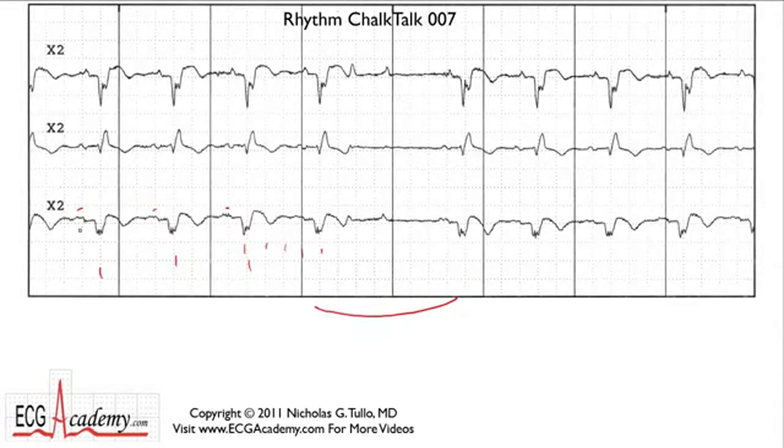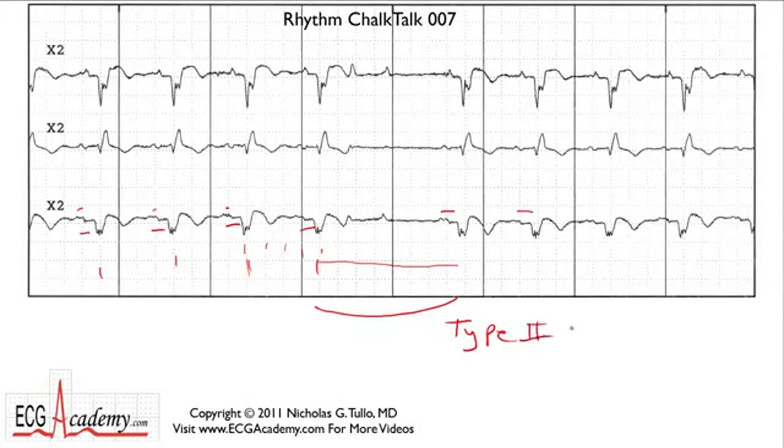So we have regular PR intervals that are fixed, and we have an R to R interval, a pause, that's 2 times the previous R to R interval, and then the next PR interval following the pause is the same. Underlying, you've got this bundle branch block. And so people would be tempted to think that this is what?